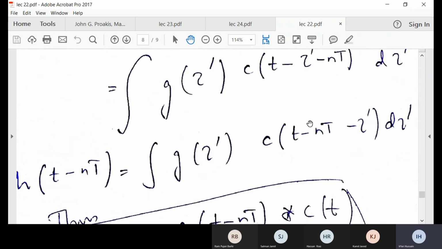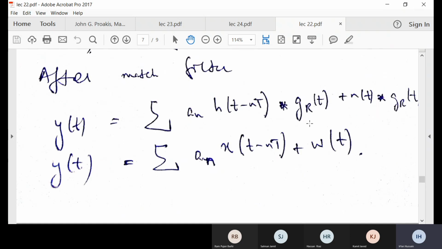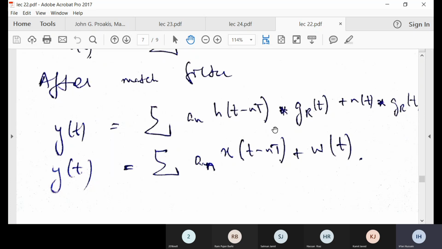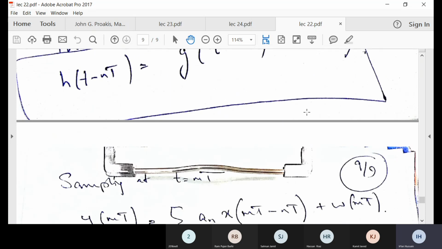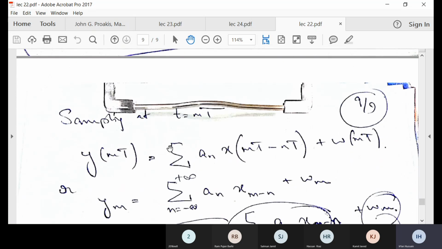So you can see the output that comes would be a train convolved with the impulse response of the match filter or the receive filter, and so because of that you can very well see that now you have this as your output. In your output you have these symbols A of n.